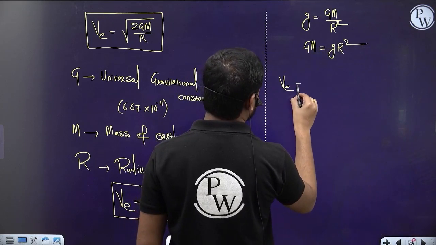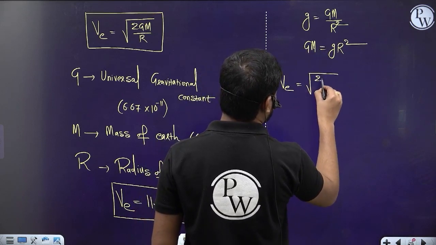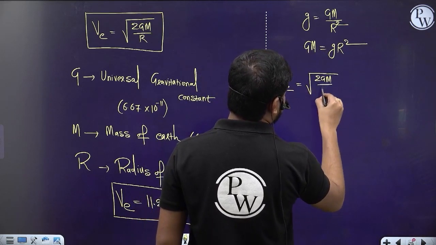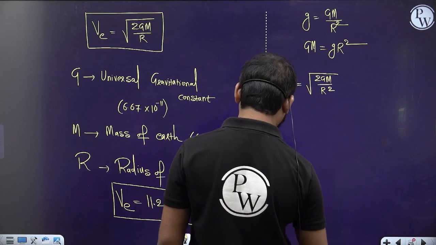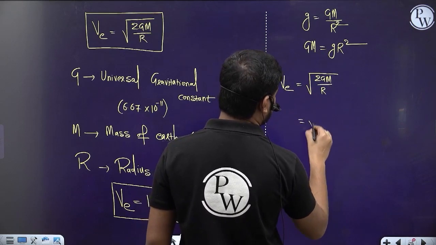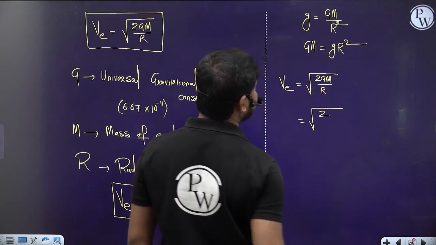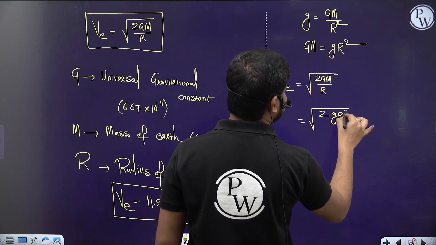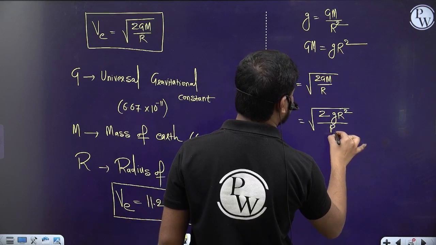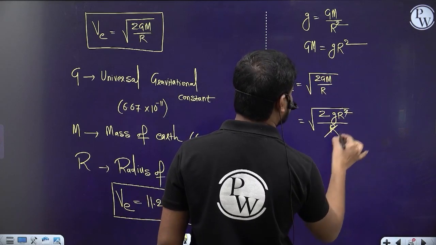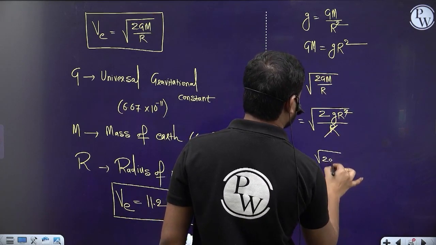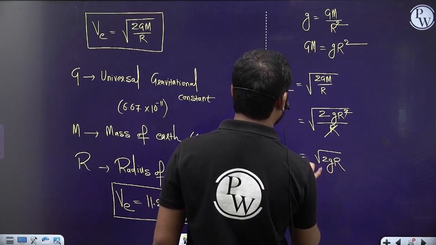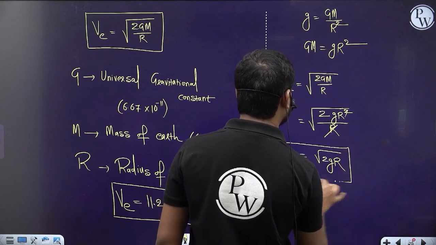Escape velocity is equal to root over 2GM by R. In place of GM I am writing gR square, so gR square by R, and R gets cancelled. So this is root 2gR. In terms of small g, the escape velocity is this much.